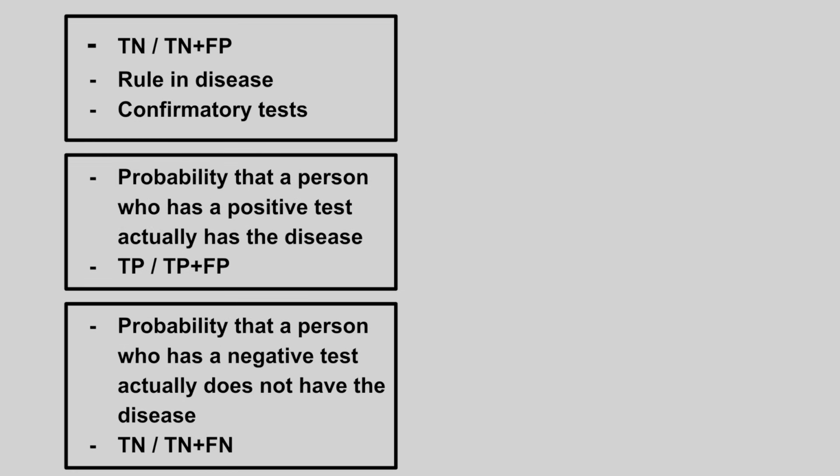Next, we use the true negatives divided by the true negatives plus the false positives, and we use this to rule in disease, and it's for confirmatory testing. This is specificity. And remember, a highly sensitive test has to have a low false negative rate, and a highly specific test has to have a low false positive rate.